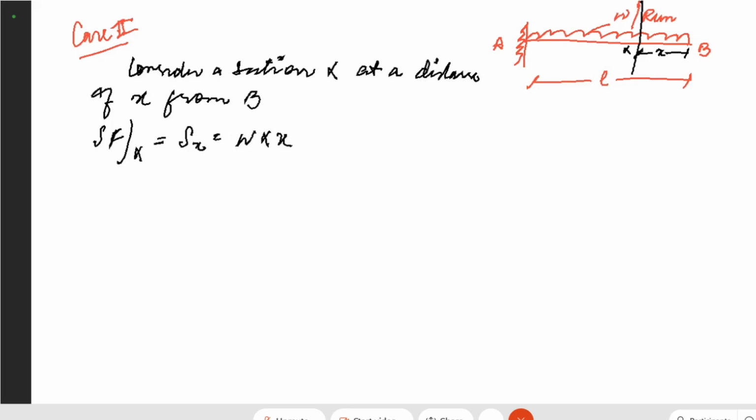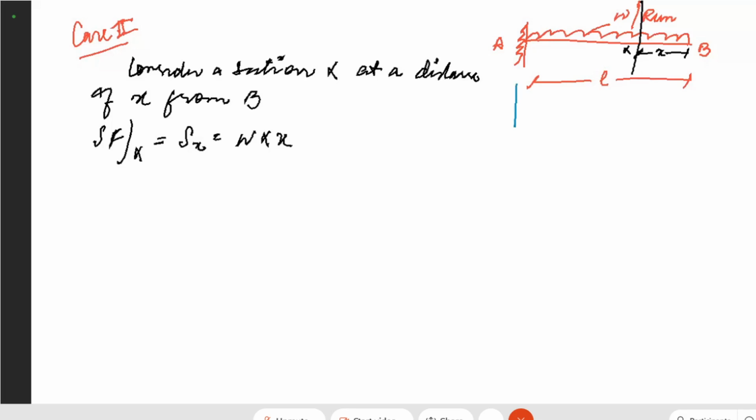Now your shear force is dependent upon what? It is dependent upon the distance. In our previous case, shear force was not dependent upon the distance. But when you have a uniformly distributed load, how do you calculate the total load?